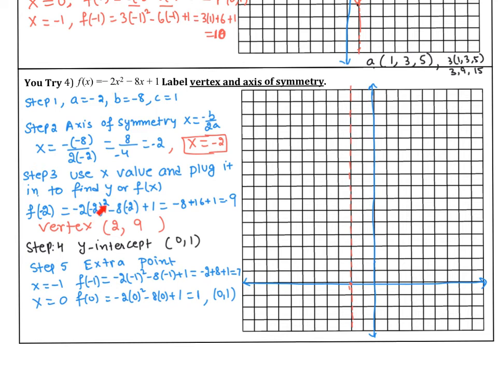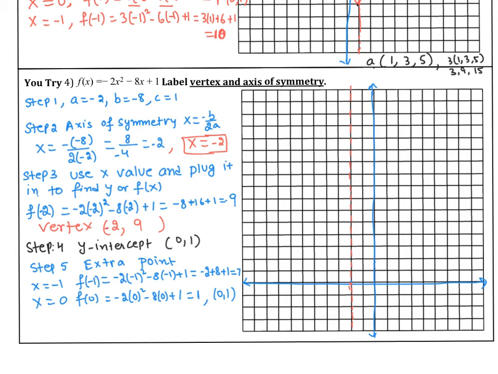Remember, -2 squared is going to be 4, and 4 times -2 is -8. -2 times -8 is +16, plus 1. -8 plus 16 is 8, 8 plus 1 is 9.